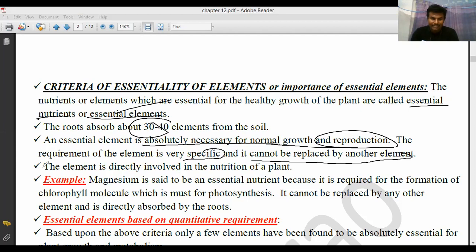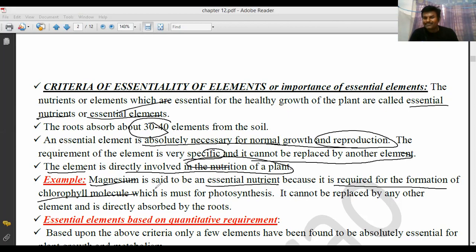The element is directly involved in the nutrition of the plant, and those plants will grow very effectively. For example, magnesium is said to be an essential nutrient because it is required for the formation of the chlorophyll molecule. The chlorophyll molecule is essential for photosynthesis.